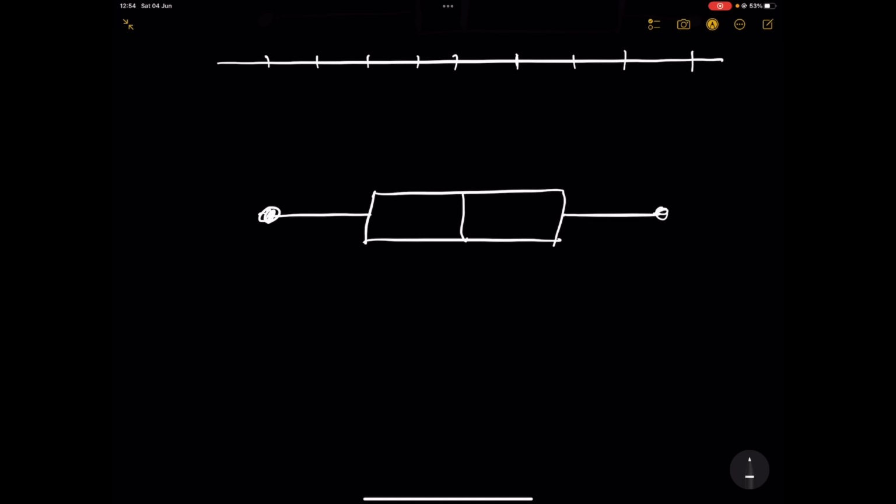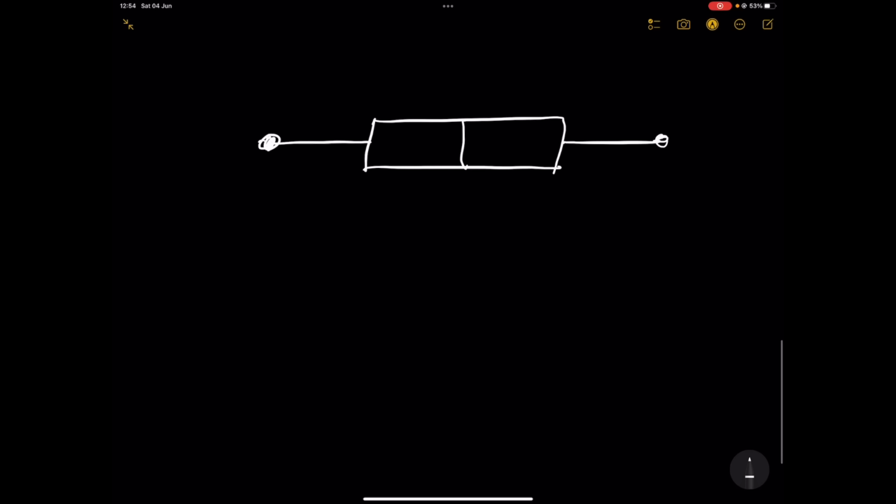Sometimes you can find a box and whisker plot that looks, to some extent, something like this. I know this is a very rough sketch. Now, more or less, these look kind of equal and symmetrical. What this simply means about this data set is that it looks perfectly symmetrical.